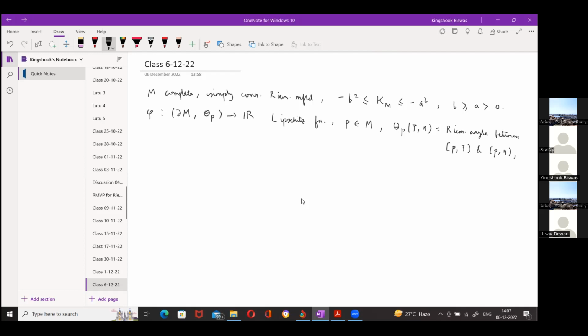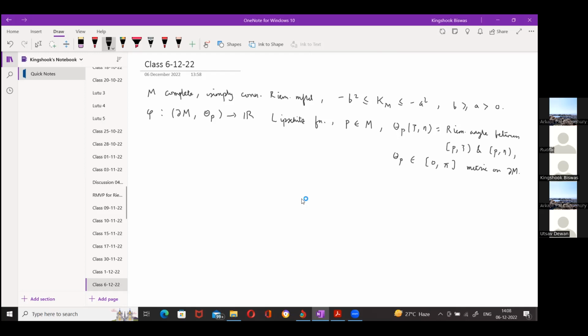Okay. So this takes values in the interval from 0 to pi. And this is a metric on the boundary of M.